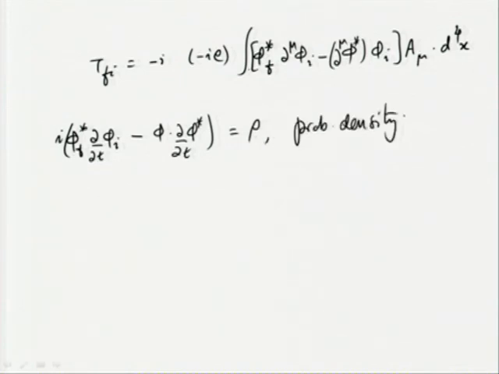Now, we have here minus i or e. So, we have actually −i e times φ_f* ∂/∂t φ_i minus φ_i ∂/∂t φ_f*.